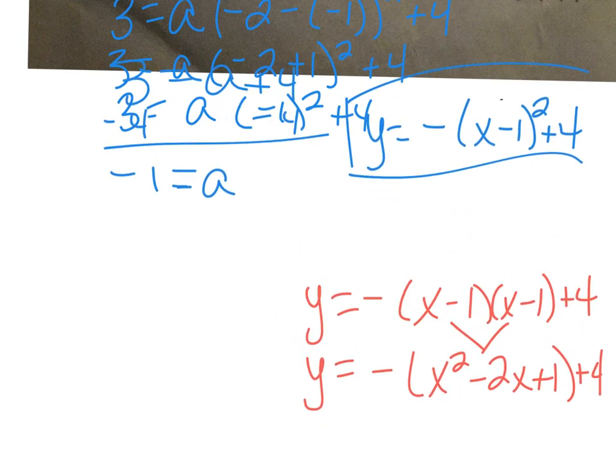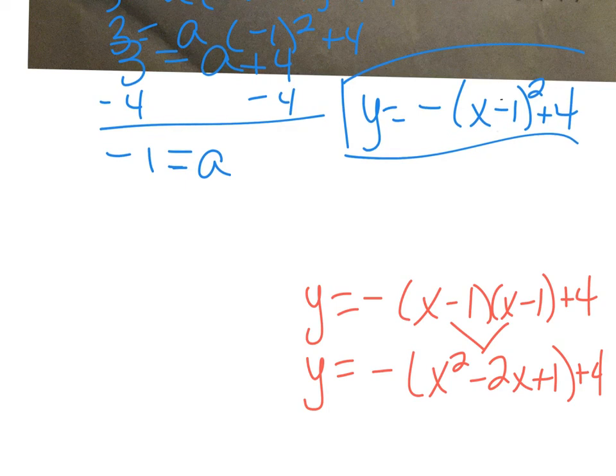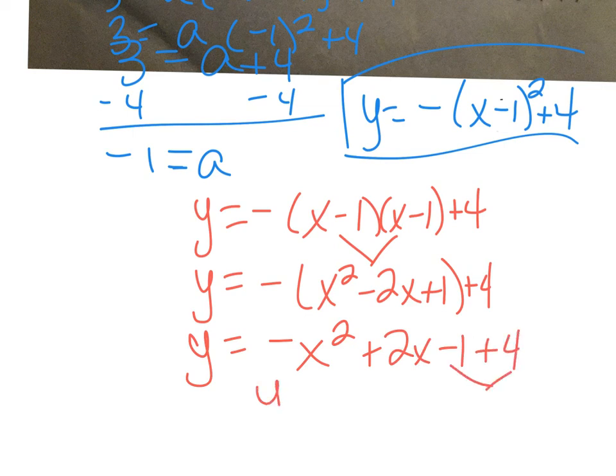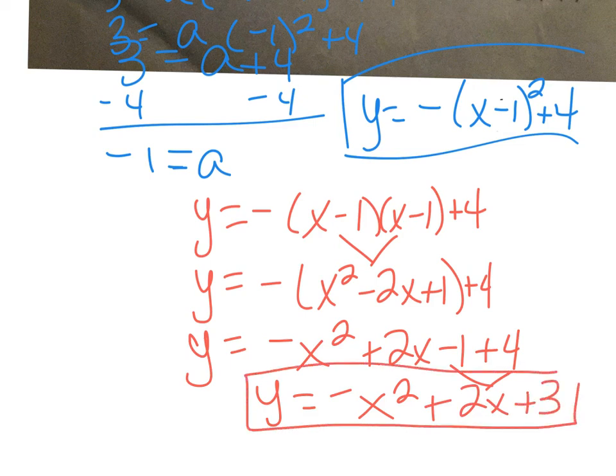Oh, hang on. Let's move this over here. Okay, so now I'm going to distribute my negative sign. Minus x squared plus 2x minus 1 plus 4. Now I'll combine those like terms, and the standard version is negative x squared plus 2x plus 3. There you go.